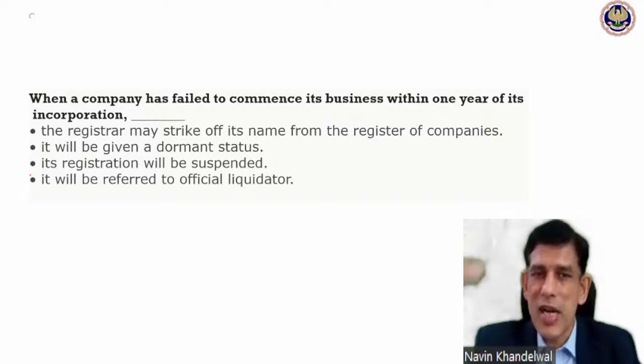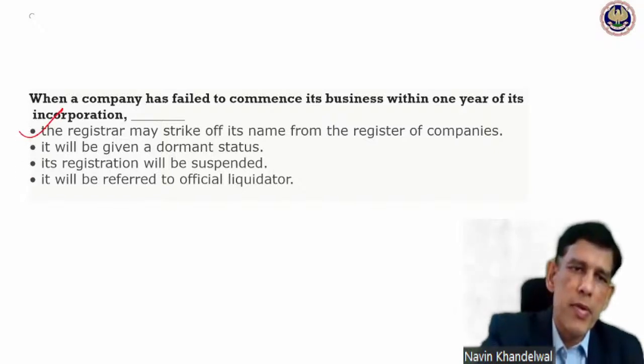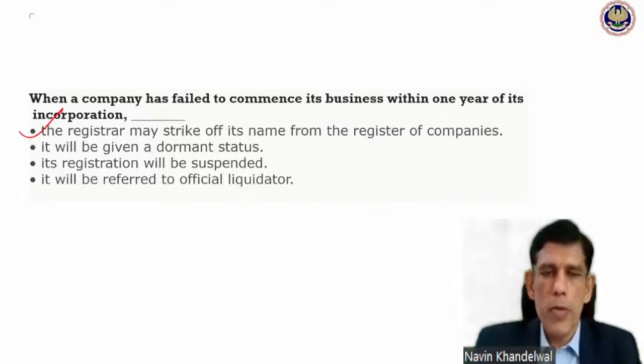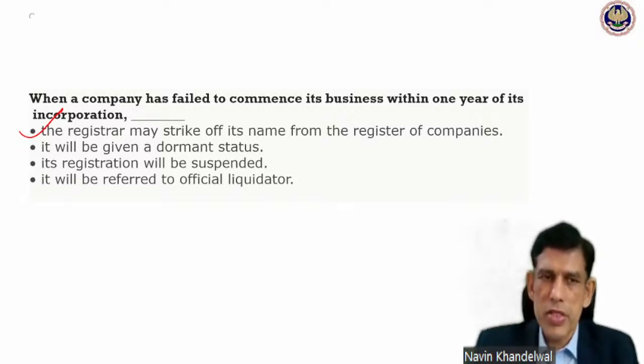But if it's at the start of the incorporation, I think the registrar has got the power for striking off. Dormant company will not come into picture in the initial years. I think you should be able to answer it, friends.